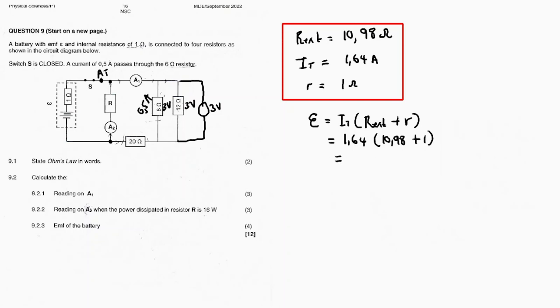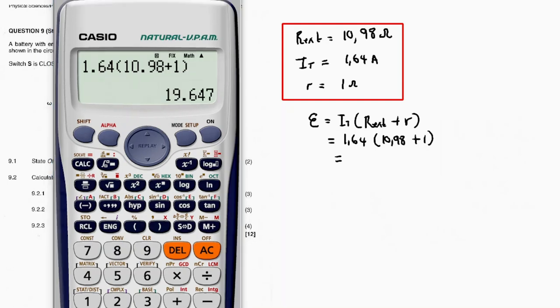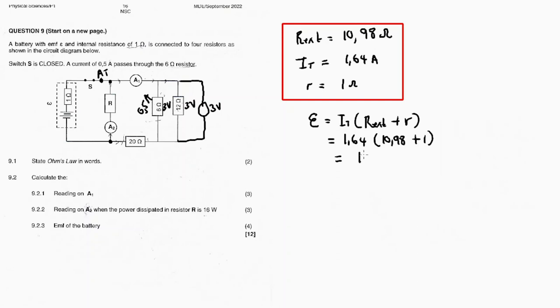This is equal to 1.64 in brackets 10.98 plus 1, which is 19.65 volts in 2 decimal places. This is the EMF of the battery connected to this circuit.